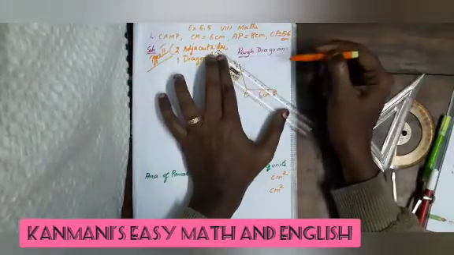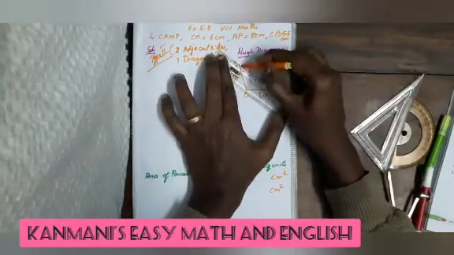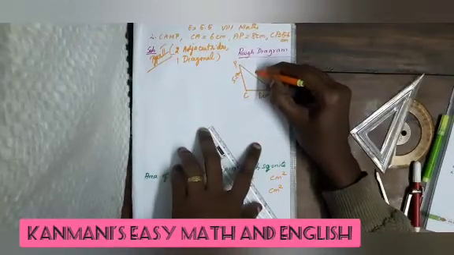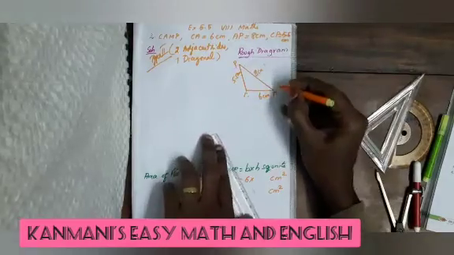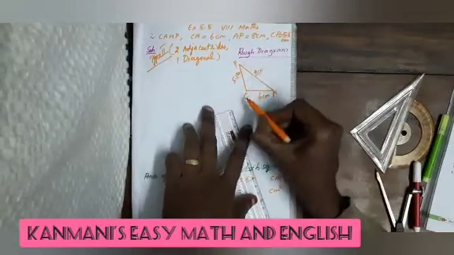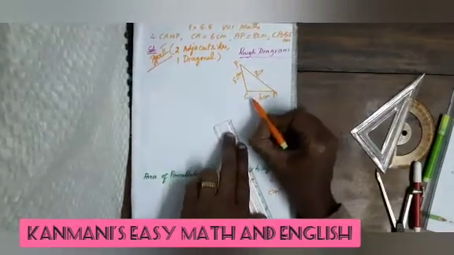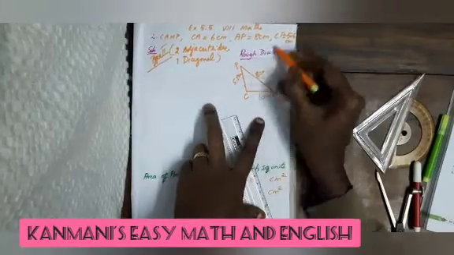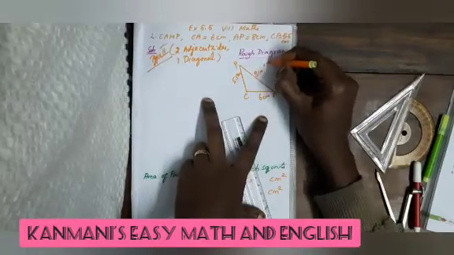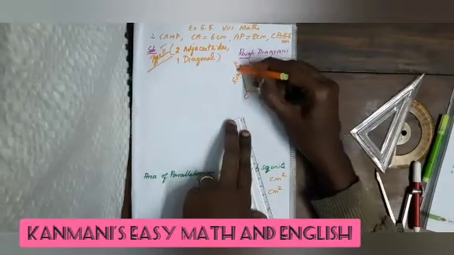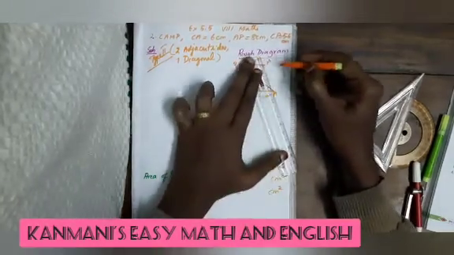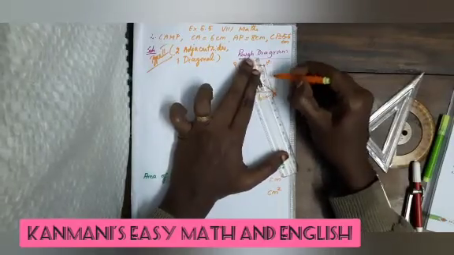So we can join the opposite vertices to get the diagonal. This is 8 centimeter. Then the opposite sides of a parallelogram are equal. So if CA is 6 centimeter, then MP will also be equal to 6 centimeter. If CP is 5.5 centimeter, then AM will also be equal to 5.5 centimeter.